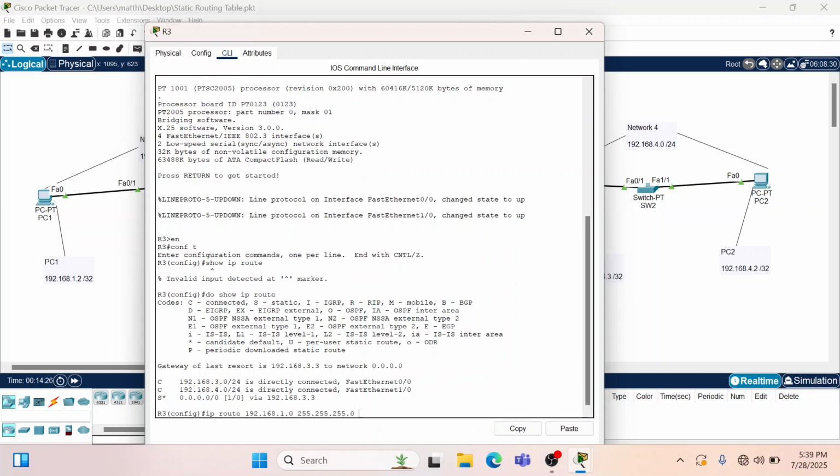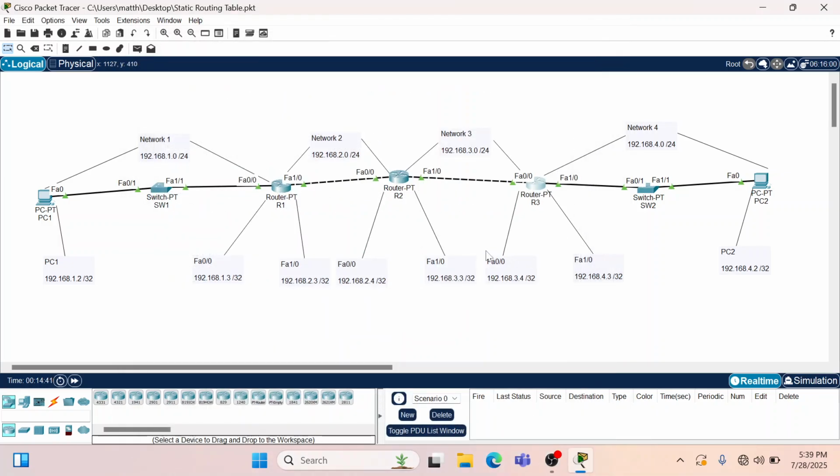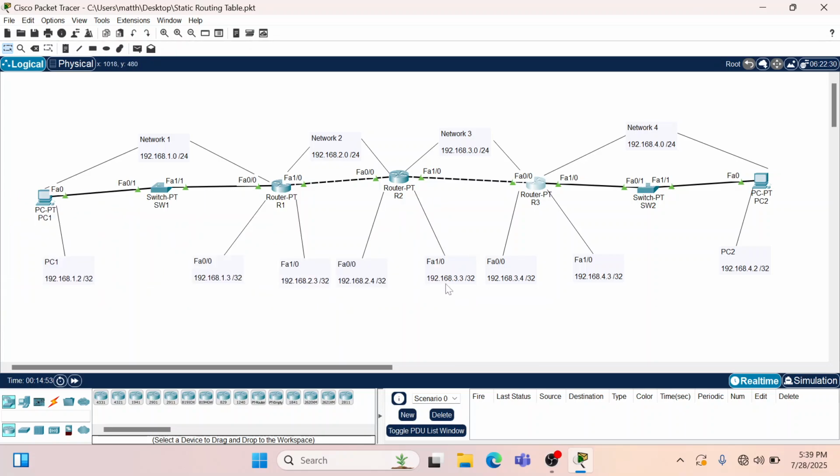And then the next hop is going to be 192.168.3.3, and 3.3 is right here on router 2. So it knows to send all traffic that's trying to go to network 1 to this interface on router 2 at 192.168.3.3.